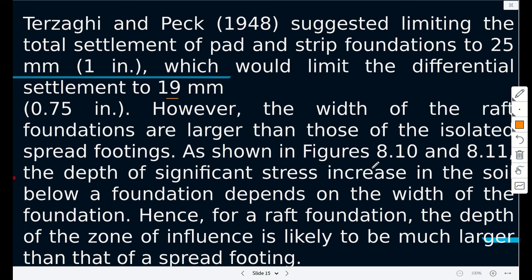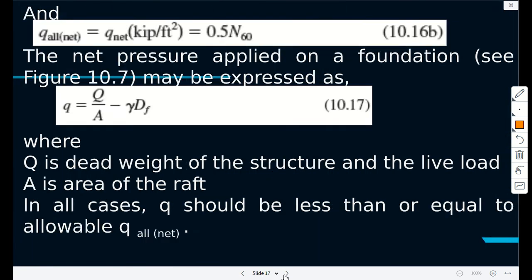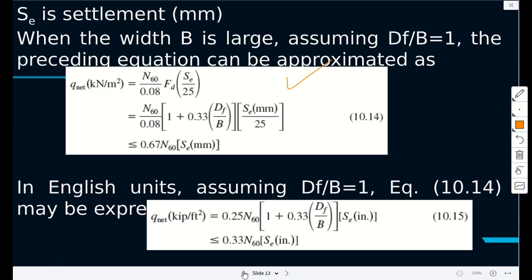However, the widths of mat foundations are larger than those of the isolated spread footings, as shown in figure 8.1.